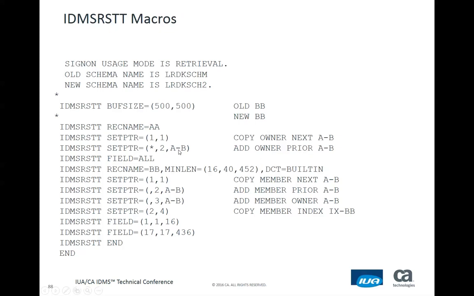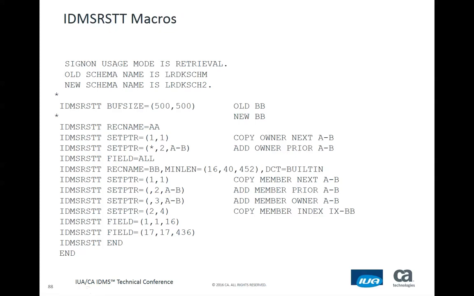There are no changes to the actual fields or data fields within the record. So in this particular case, the RSTC will just generate a field, IDMS RSTT FIELD equals ALL. That basically is going to tell the restructure utility to take the existing data of the record, move it as is into the new record, so there will be no changes.